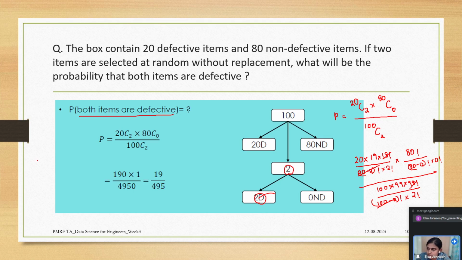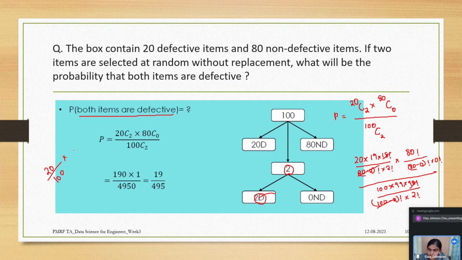Okay, Vishal Patil has raised a hand. What is your doubt, Vishal? Okay, anyway, I'll tell this. In the first case, when nothing is selected, the number of defective is 20 and the total number is 100. That is right.